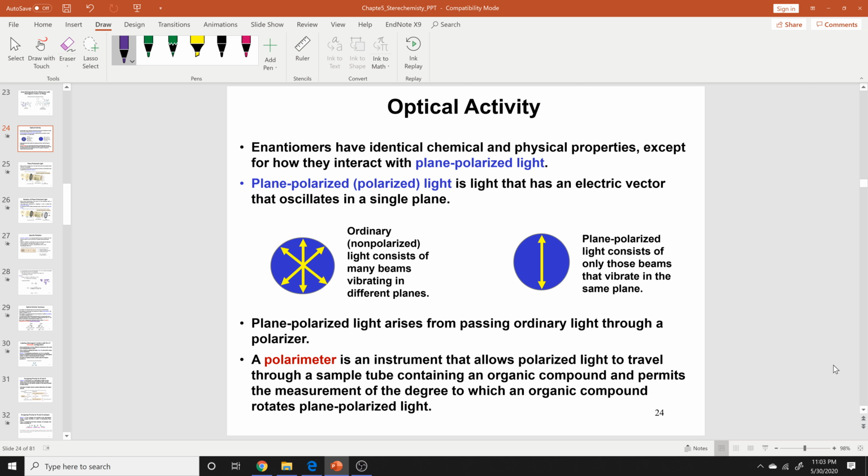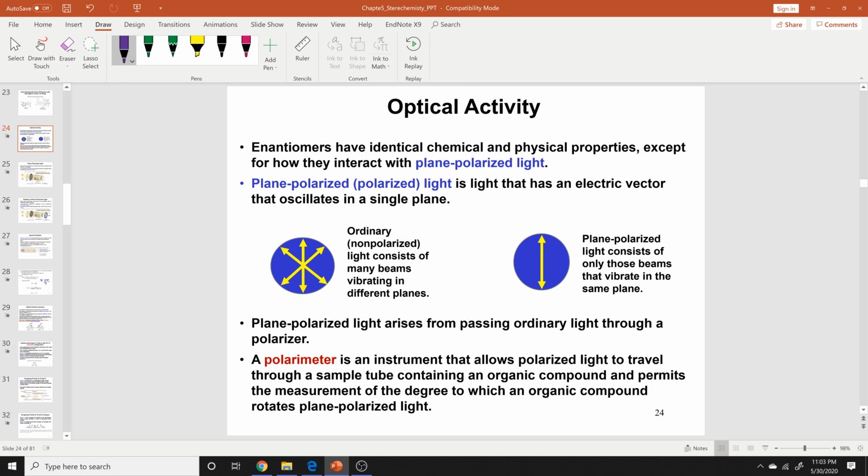If your compound is chiral, this means that it has a mirror image, then the plane of polarized light will be rotated by an angle which we call alpha. And if your compound is not chiral, this means that it doesn't have a mirror image, your plane of polarized light will exit without any rotation.